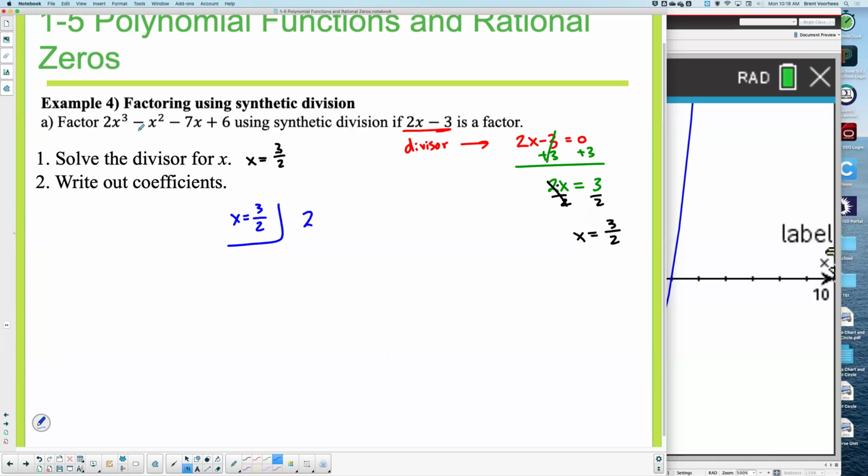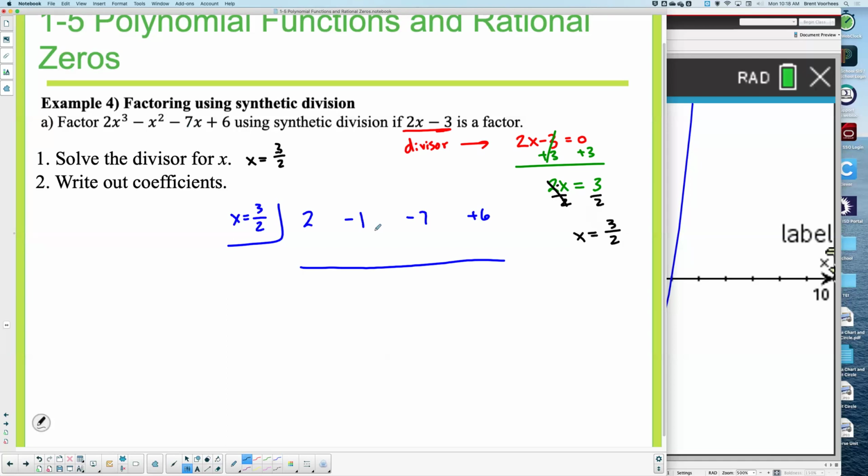I have a 2x cubed. Coefficients are just the numbers in front. I have 2x cubed minus 1x squared minus a 7x plus 6. Everybody tracking?